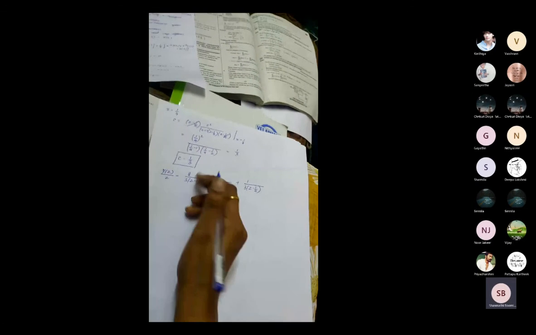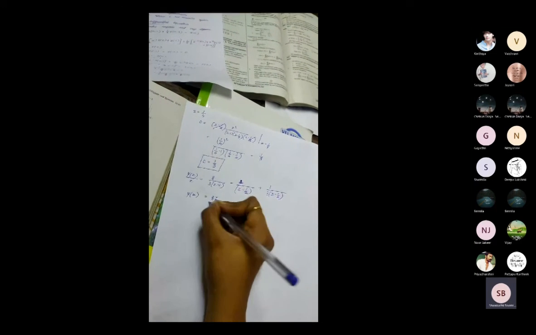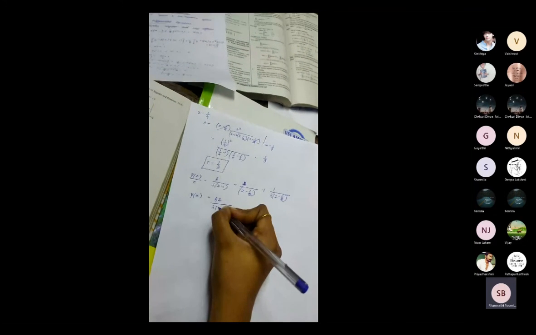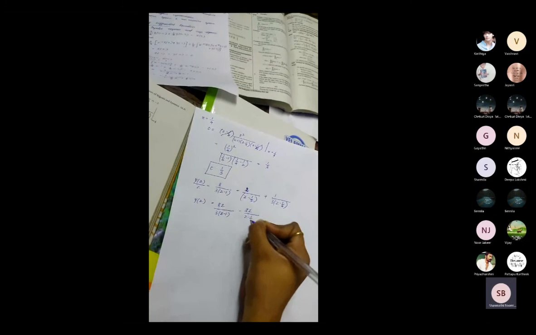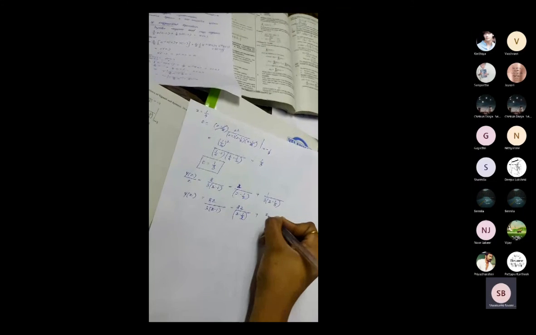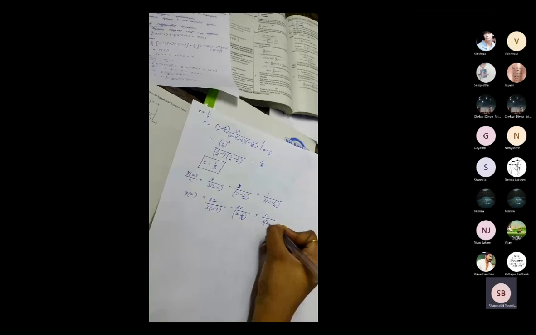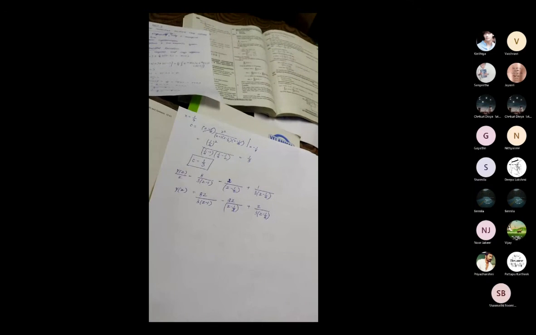Okay, then take this z to the opposite side. Y of z will be equal to 8 z divided by 3 into z minus 1, minus 2 into z divided by z minus 1 by 2, plus z divided by 3 into z minus 1 by 4. Okay.